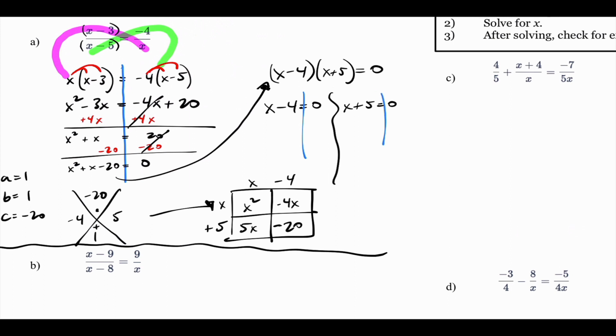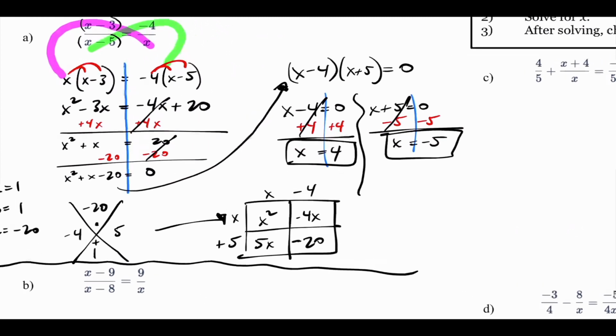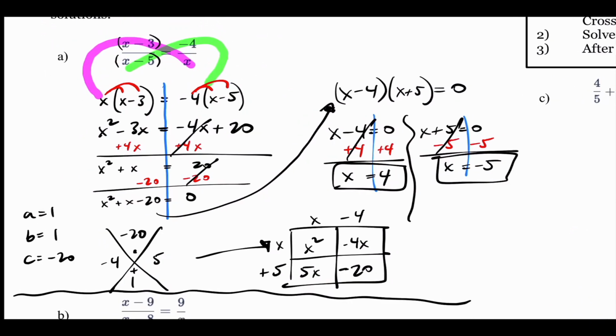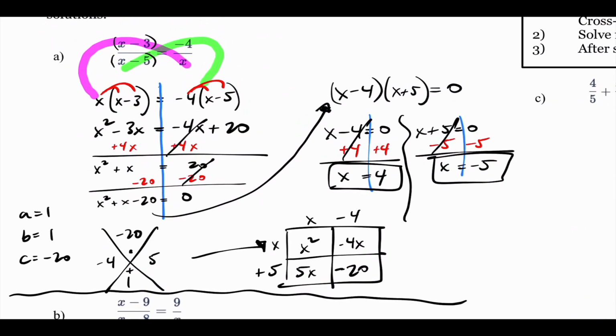And I get two answers. So I get 4 and negative 5.